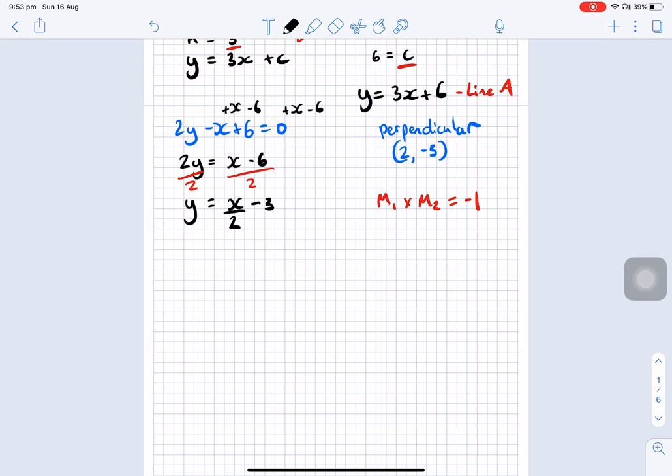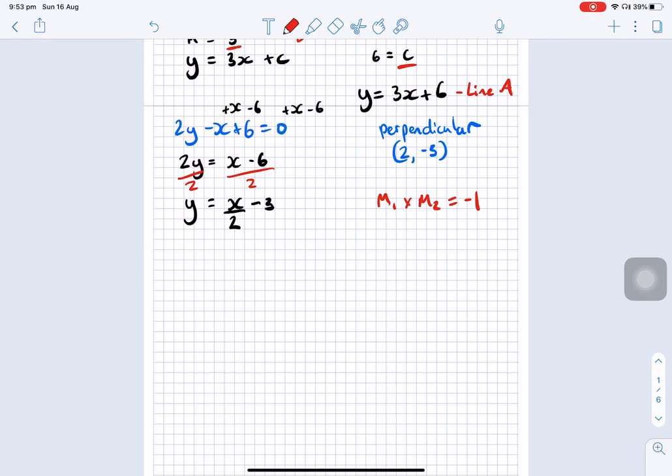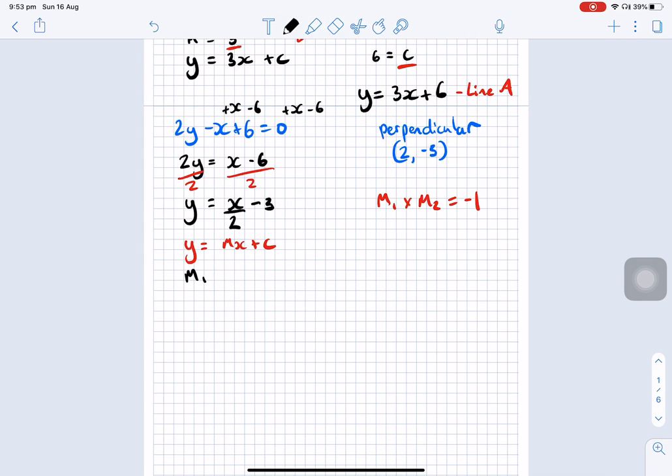And so what we know here, once again, if we focus on the fact that our formula for a linear equation is y equals mx plus c, we can see that our m1 value equals a half, because x on 2, that's the equivalent of x times a half.